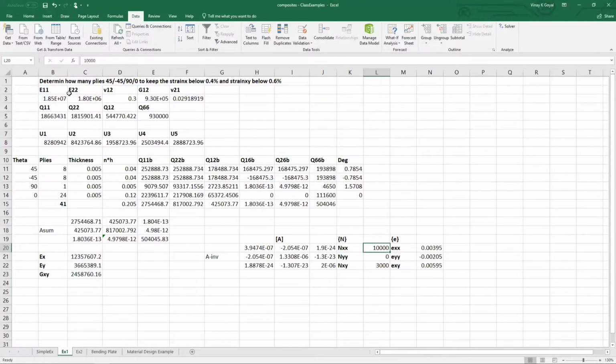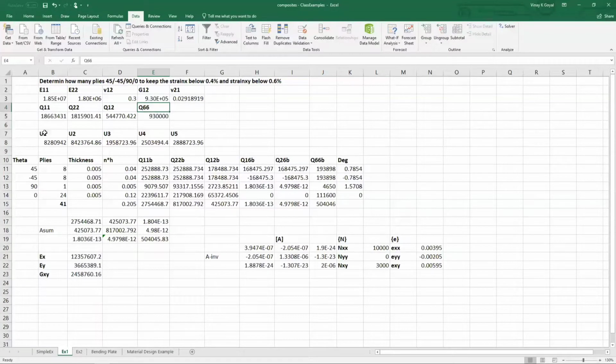So the question is, how many plies of this do I really need? The way this Excel file is structured, you have it, you can play around with it. E11, E22, Nu12, G12 can be found from the ASTM standards. And as you know, you have to calculate Q11, Q22, Q12, Q66. And this is in the local orientation, so this is in the principal material orientation.